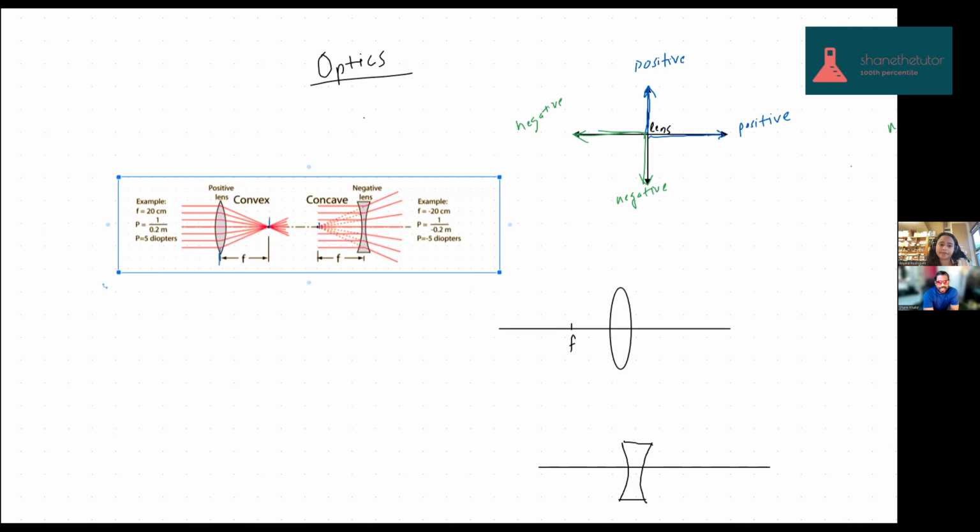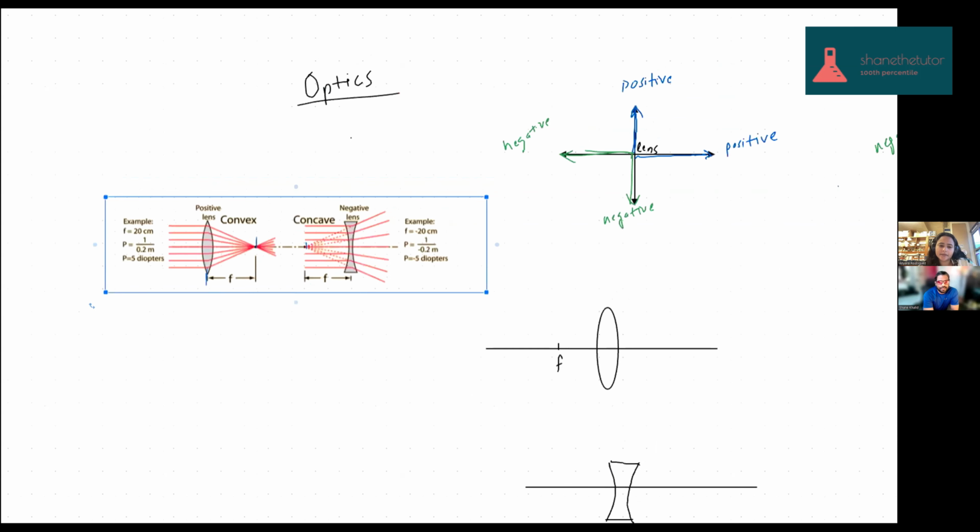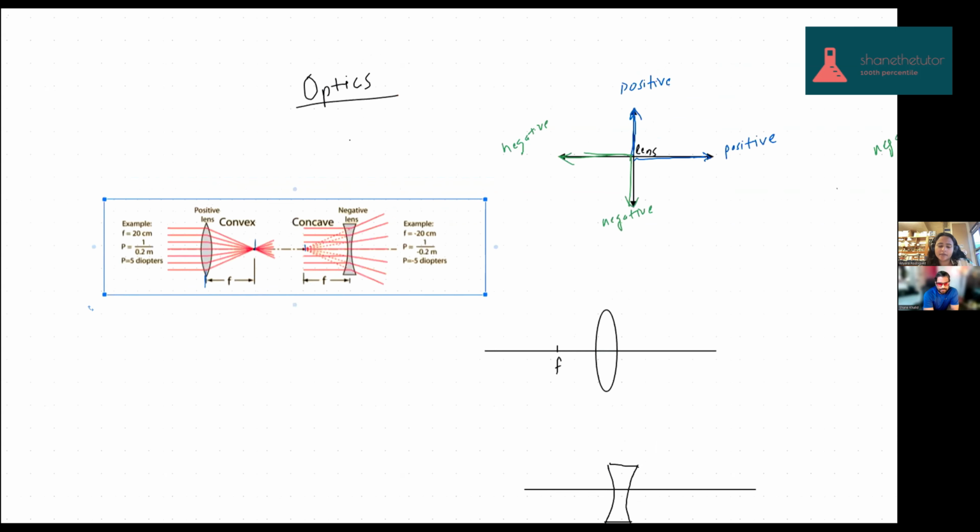You can also see this convention: the focal point is to the right of the optical device, which means it'll be positive. So you see a positive sign for the focal point.